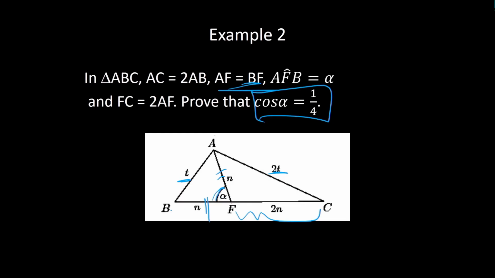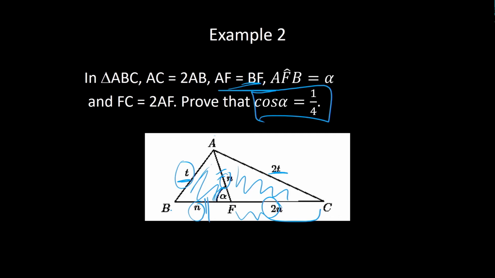Okay, so what I'm going to do is work in triangle ABF and in triangle AFC because we've got plenty of information there, and I see that we've got common variables between those triangles, so certainly a substitution is possible within this question. I've been given sides in triangle ABF.